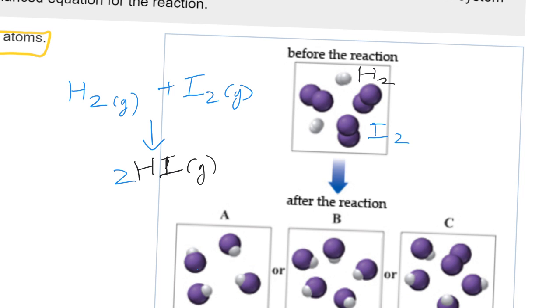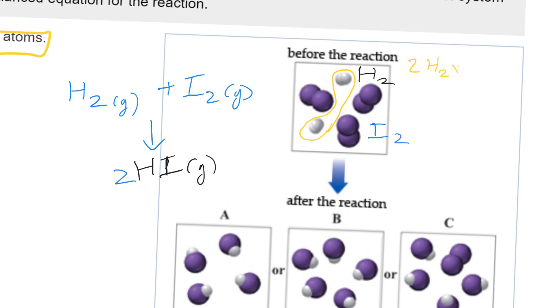In terms of which one of these drawings represents the after, they're really looking for a limiting reagent. Well, we've got our reaction, and we know for every one hydrogen we have and one iodine we have, we produce 2 hydrogen iodides. So in this box here, I have 2 hydrogens, right?